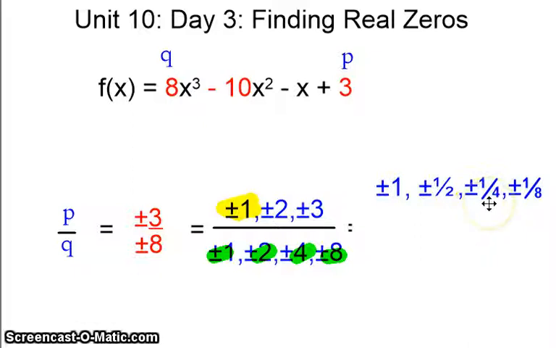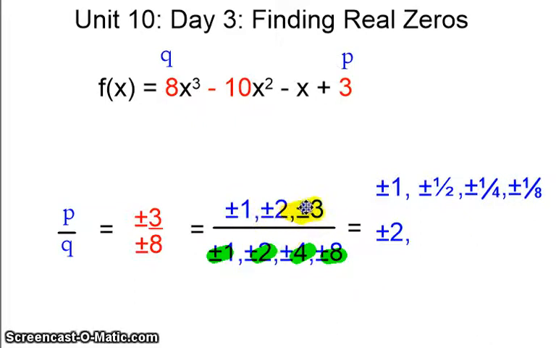Now they're all listed, they're just numbers I can try. Then I move down. I look at 2 over 1, which is 2. Then 2 over 2, well, that's 1, which is already in there. 2 over 4 simplifies to 1/2, which is already in there. And 2 over 8 simplifies to 1/4, so that's already in there.